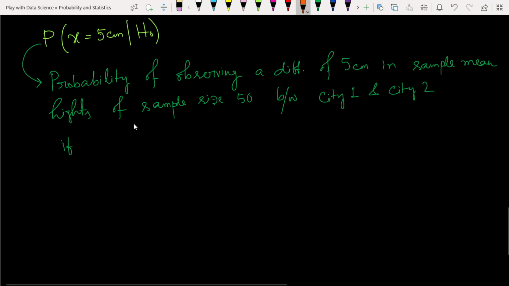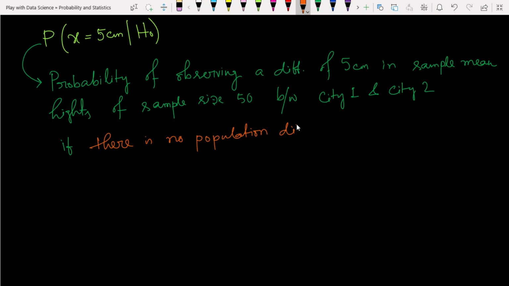If there is no difference, if there is no population difference in mean heights.